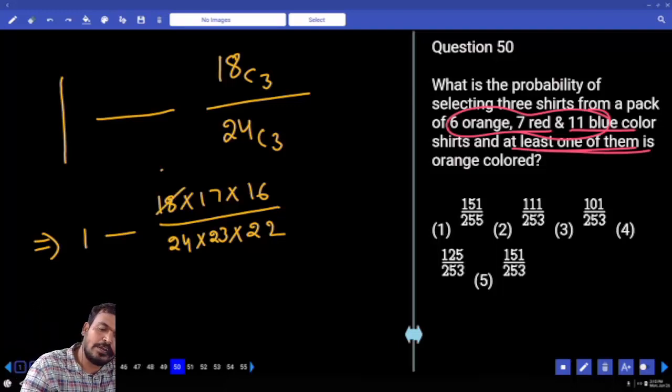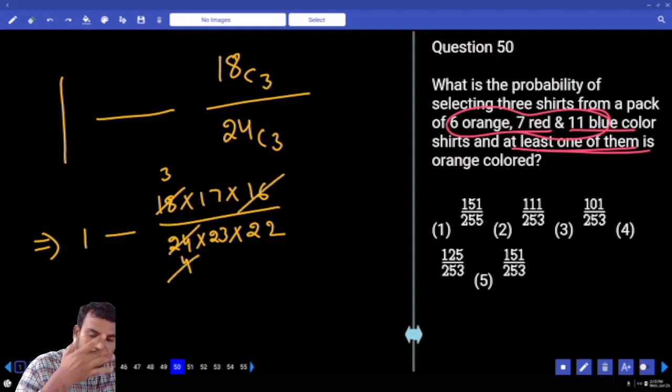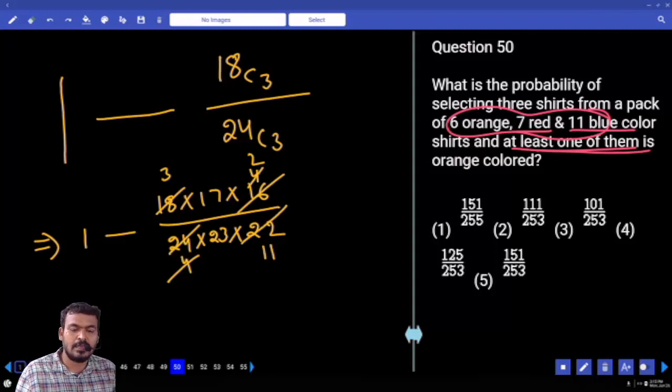First 6 how many times 18? 3 times. 24, 4 times. 4 how many times 16? 4 times. 2 2 the 2, 11 times. Any other cancellation? No. Numerator 3 into 17, 51, into 2 means 102.